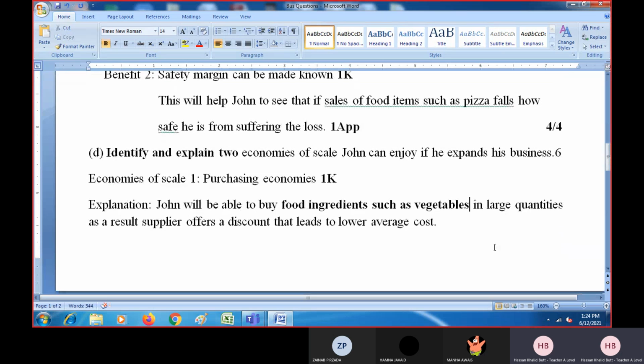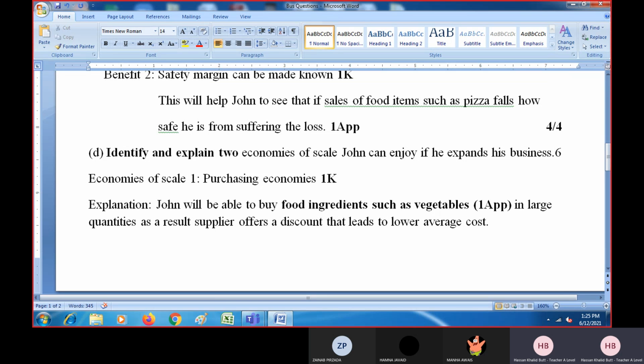So you will get 1 mark for the application. Let me put brackets, and then in large quantities, and as a result. Now I'm explaining a bit more what will happen. This is what we call analysis. When you write that John will be able to buy food ingredients in large quantities, what will happen?